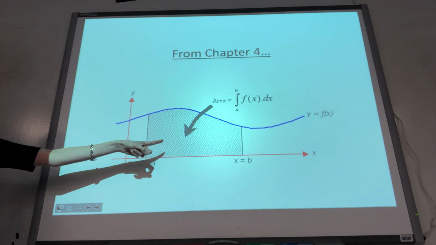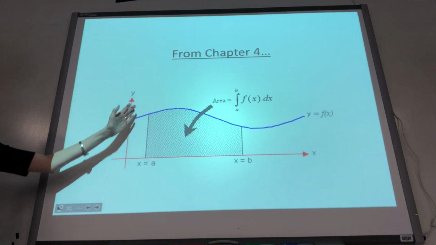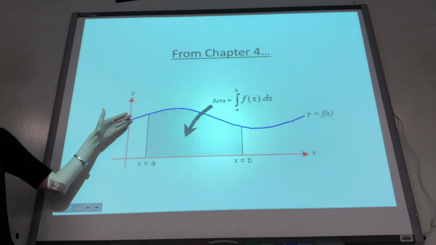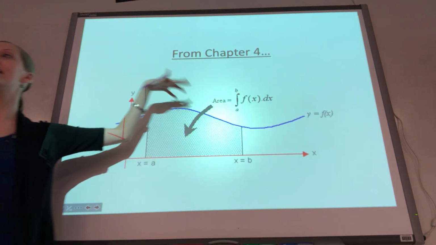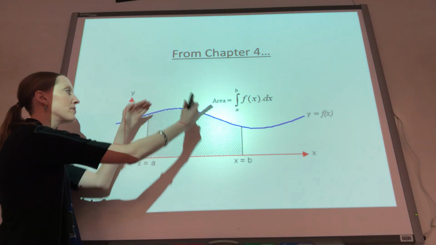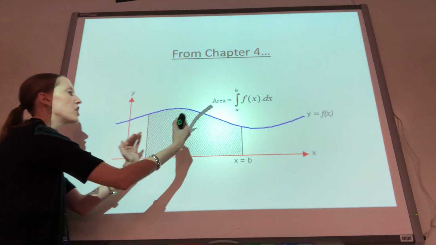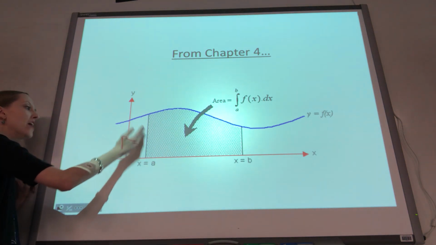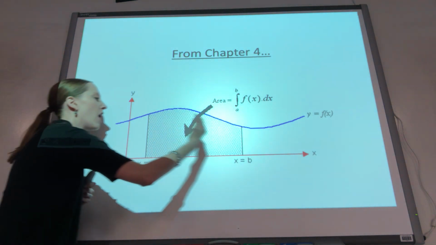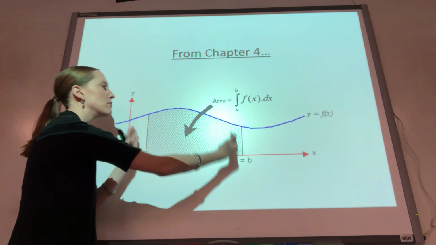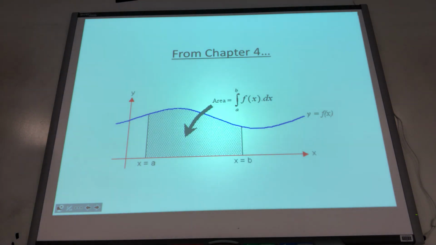That's kind of what happened right here. They're not telling me where these vertical lines are exactly, and they're not really saying what that function is exactly. But to find the area under a curve, you always set up an integral from where x equals a, the left bound, all the way to where it ends on the right. A lot of times those are vertical lines.